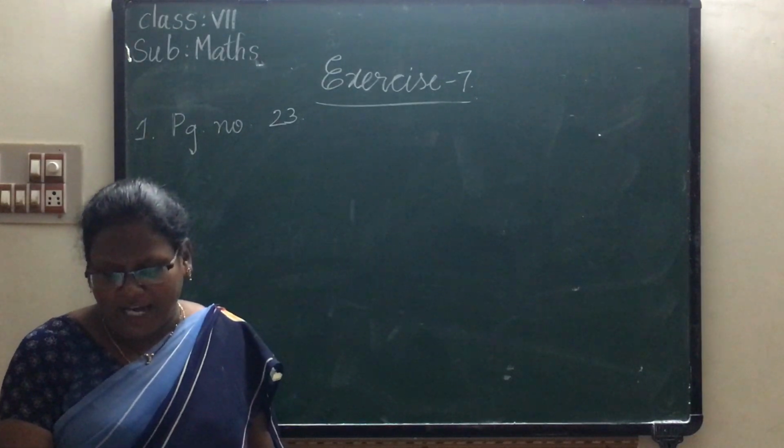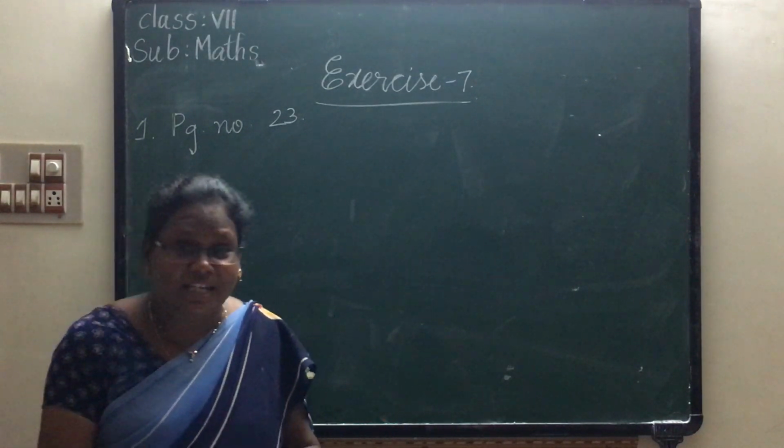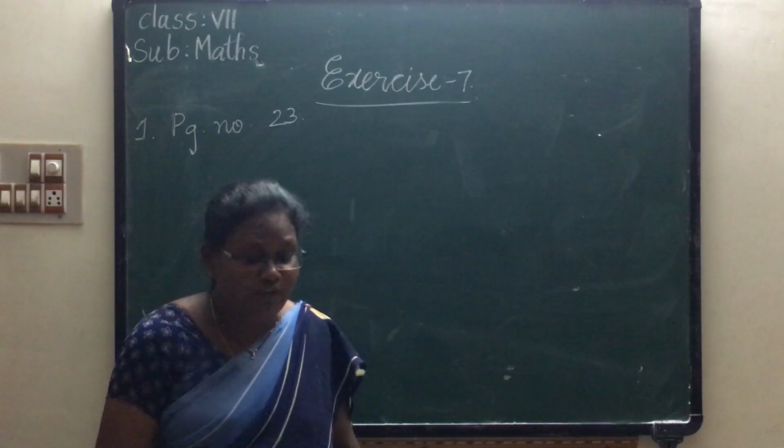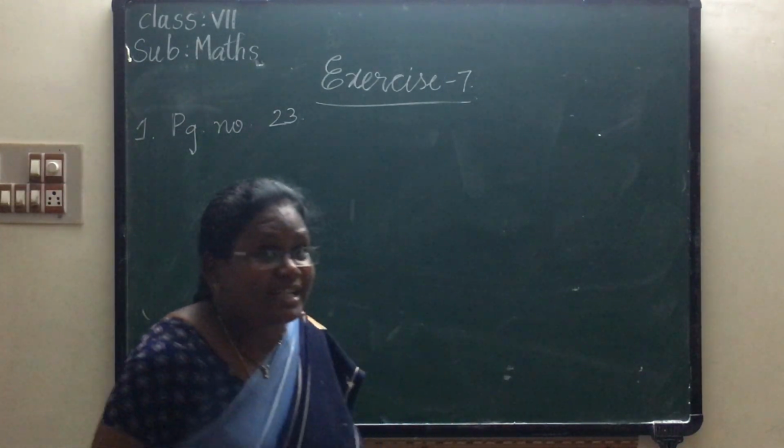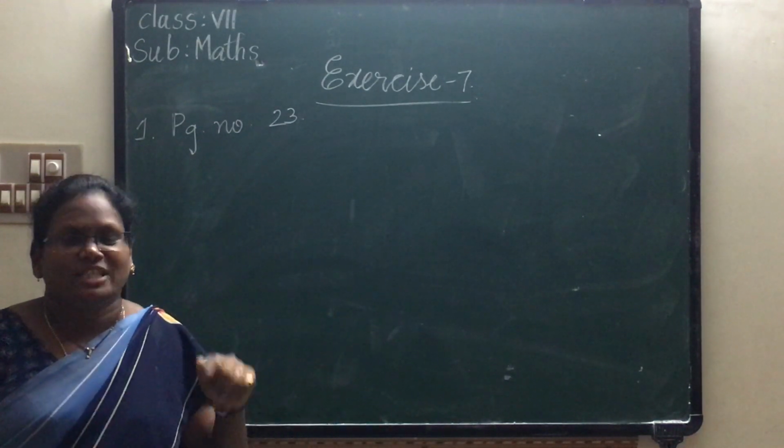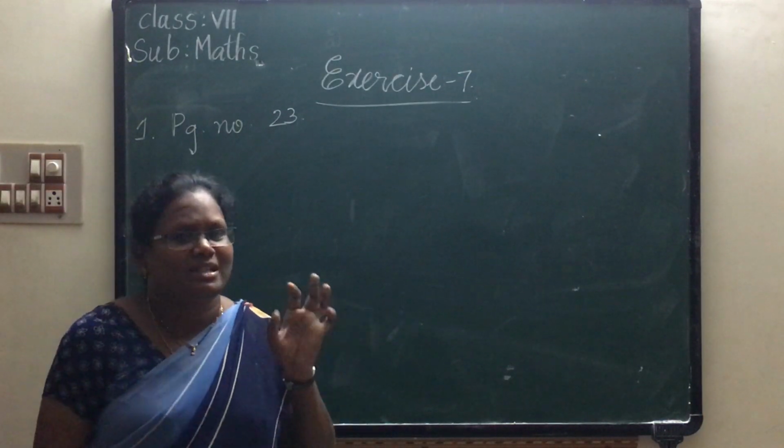See children, Bharati attempts all questions. Marks are given for every correct answer. How many? 4 marks. Here, in exercise 4, I said Gopi, Reshma and Rashmi had the same sum like this, but the numbers are changed.